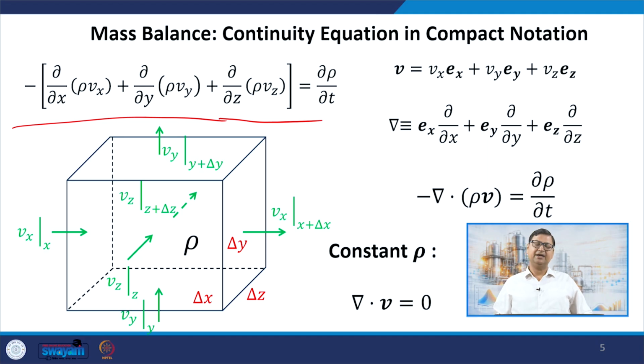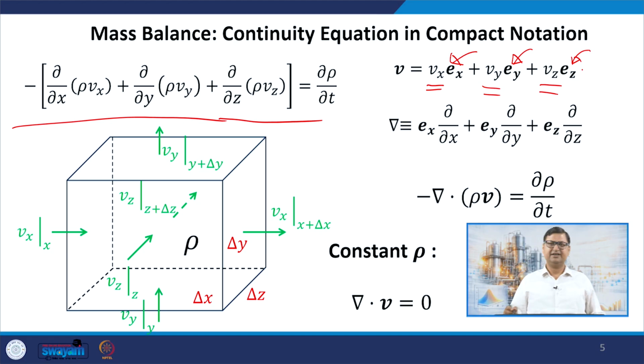And now I can write my velocity vector at any point, in this case x, y, z, as 3 components: the Vx component, Vy component, Vz component, and Vx component is along x direction. So I have defined a unit vector Ex in the x direction, and then Ey in the y direction, Ez in the z direction.